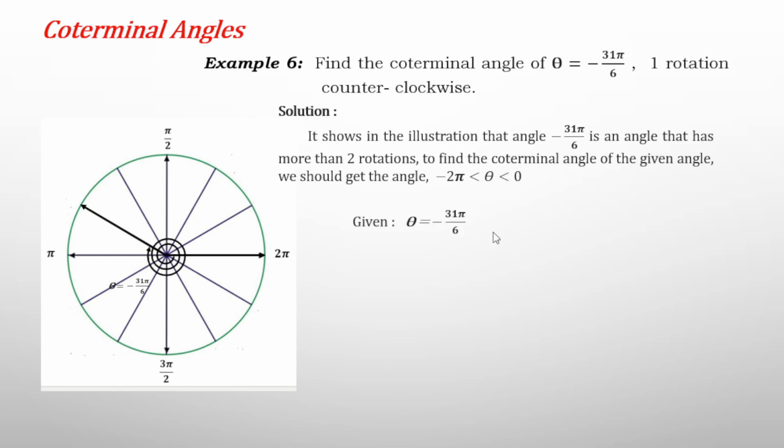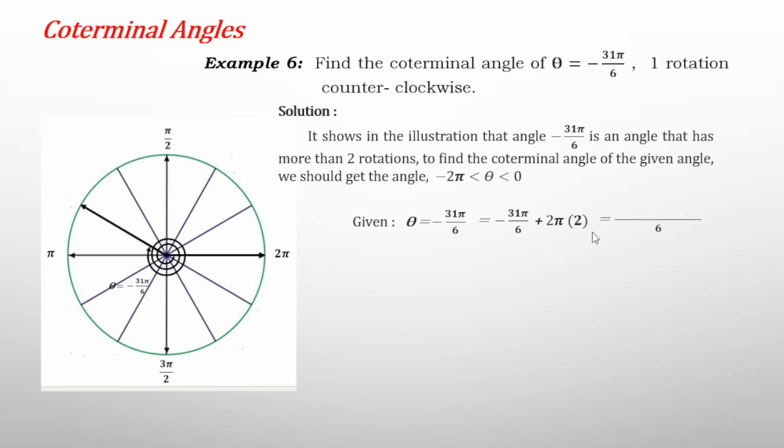Since there are 2 full rotations in the angle negative 31 pi over 6, and since the angle is negative, we are going to add positive 2 pi times 2, because remember that 2 pi is 1 rotation. Since there are 2 full rotations in the angle, 2 pi must be multiplied by 2.